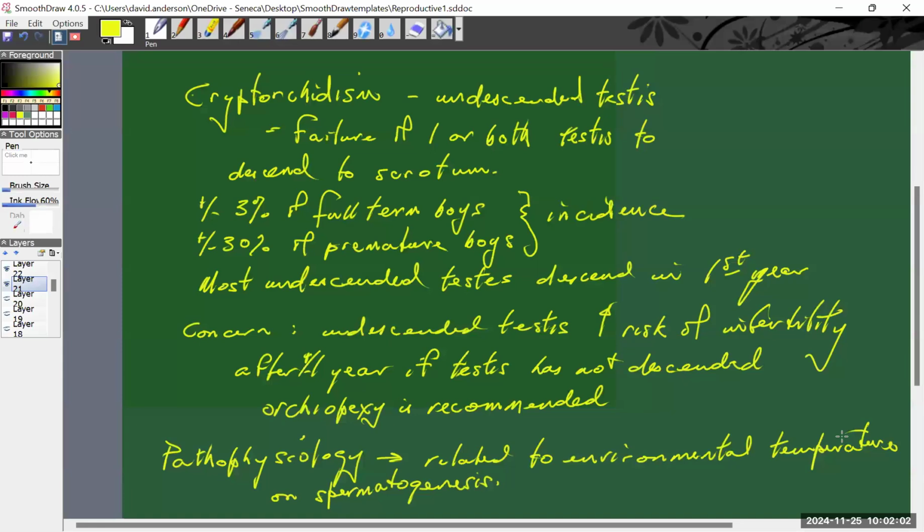It isn't going to be just about that, but that's going to be a big factor. The other consideration is that if the testes did not descend naturally, there may be some other factors coming into play. They may be related to endocrine factors associated with low levels of testosterone or secretions from the anterior pituitary gland that interfere with the normal descending of that testes.